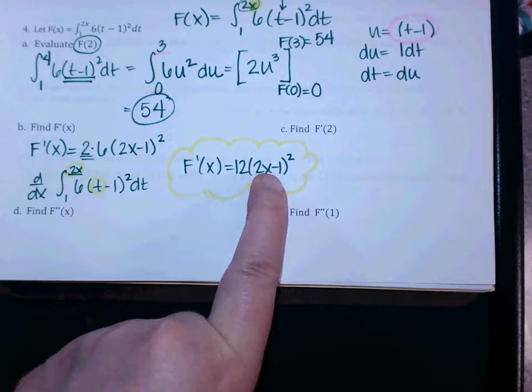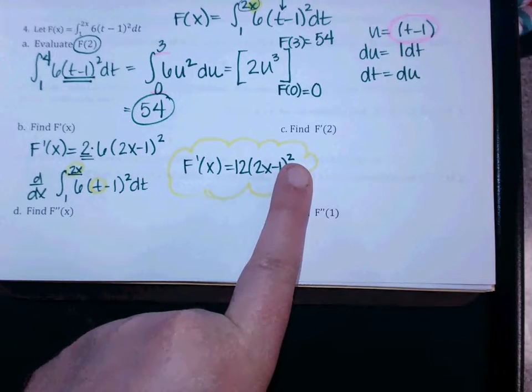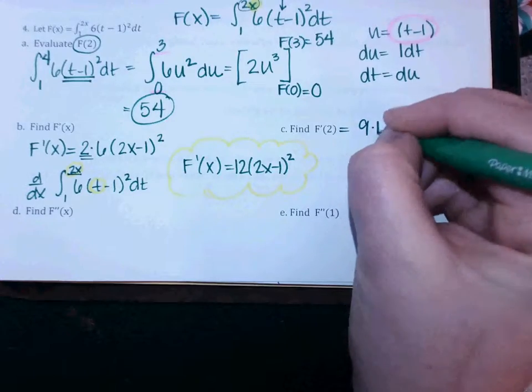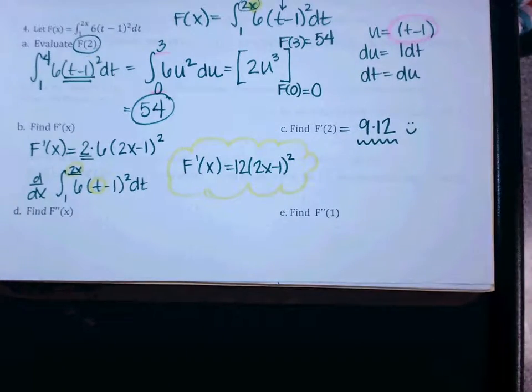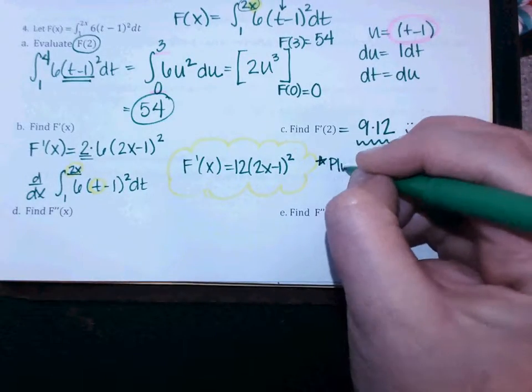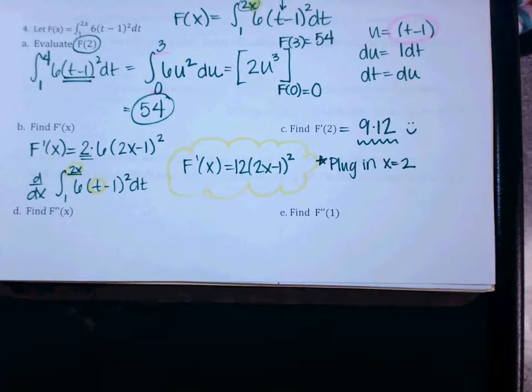What's 2 times 2? 4 minus 1 is? 3 squared is? 9 times 12. So 9 times 12, and I'm just going to leave it like that for your response. Okay, and then I'm going to put right here, all that we did was plug in x equals 2. Okay?